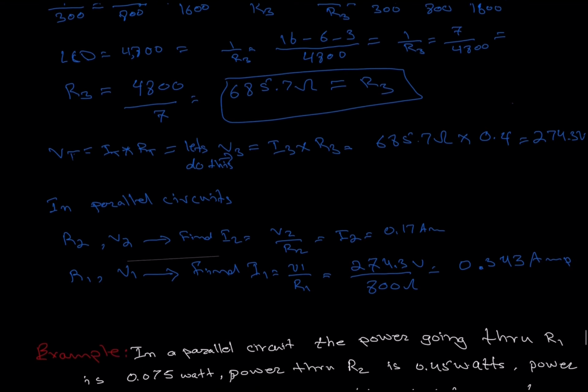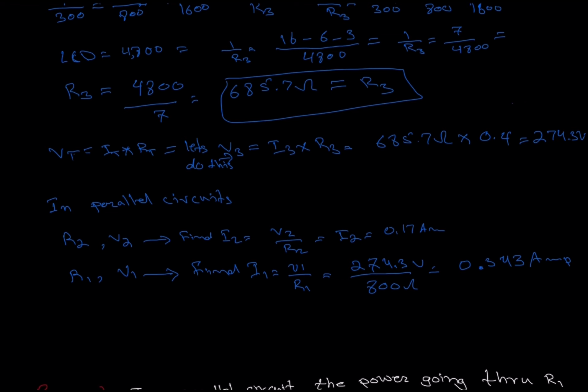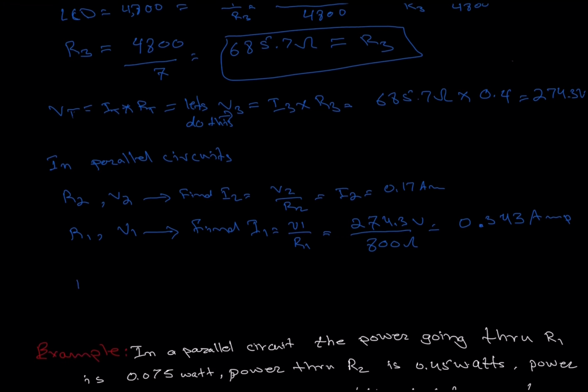So what is our IT, or total current? Total current, we can find it two ways and then compare it. IT will be equal to VT over RT.